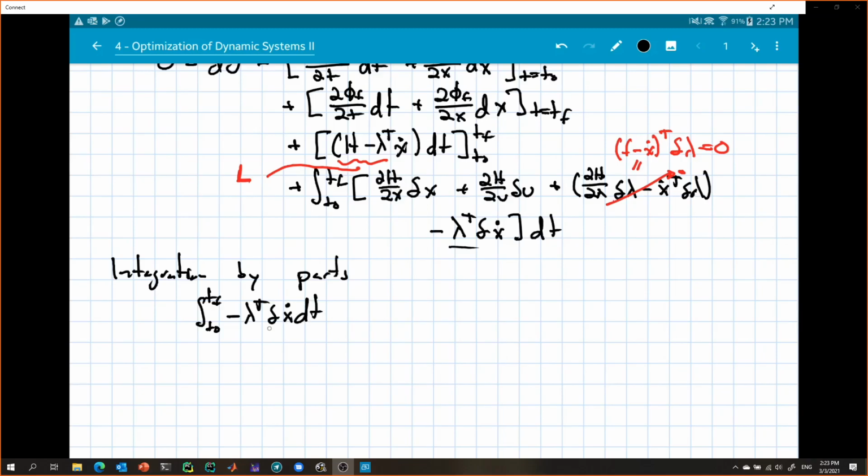We want to get rid of this variation in x dot because we don't want to deal with that. So this is equal to negative lambda transpose the variation in x, evaluated at both points, and we have the integral from t naught to tf of lambda dot transpose and the variation in x.